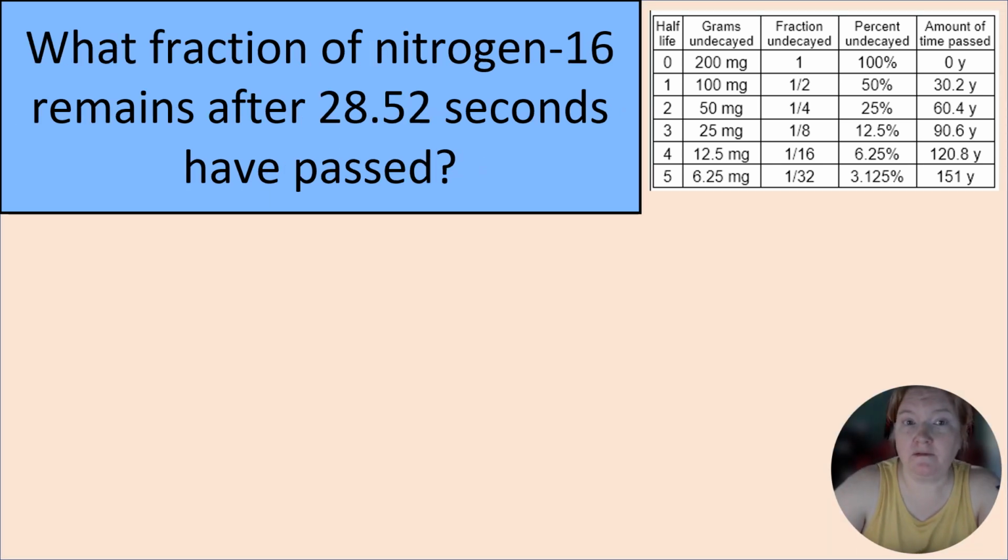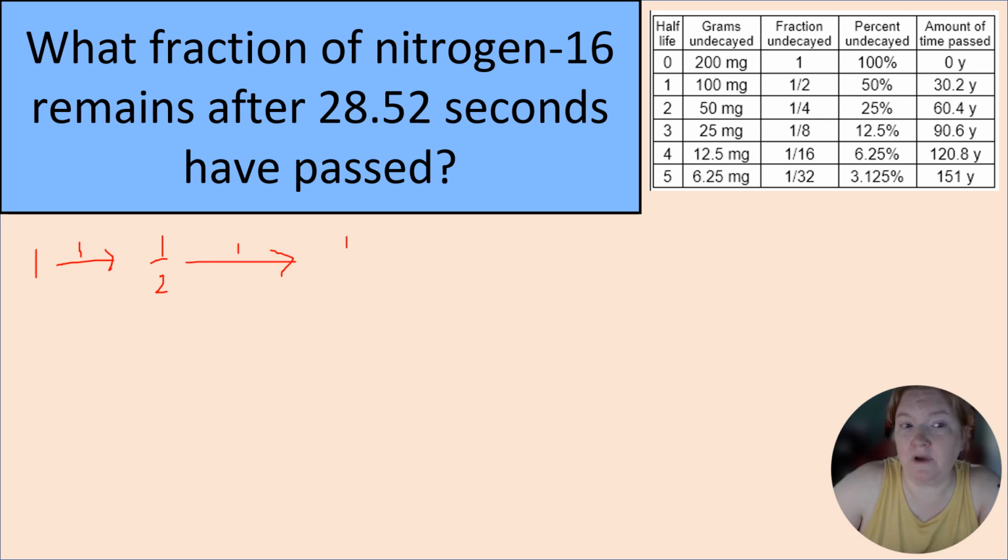Now, what fraction of nitrogen-16 remains after 28.52 seconds have passed? Again, I don't have a starting mass, so let's just start with 1. I have the whole thing. After 1 half-life, I have half left.